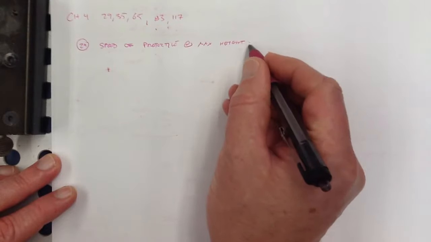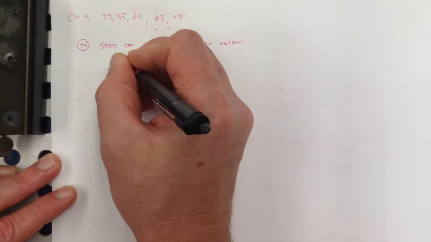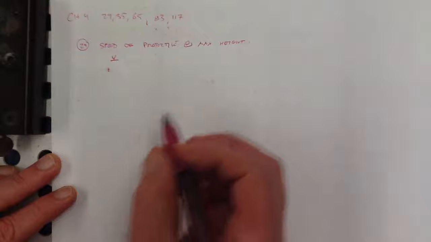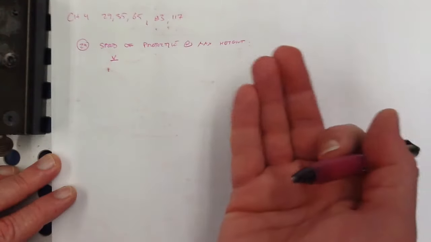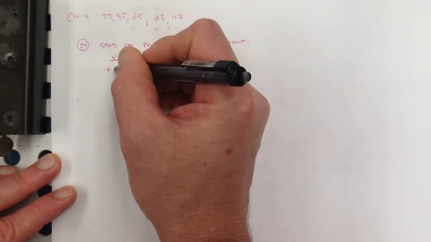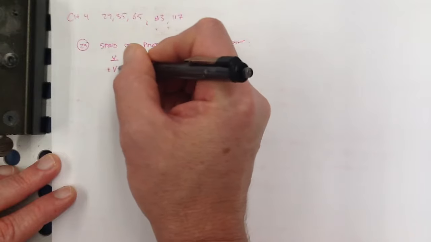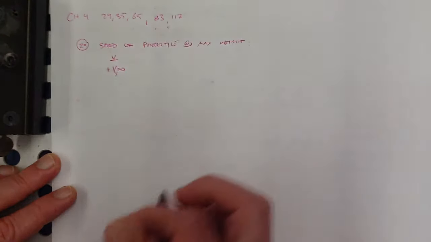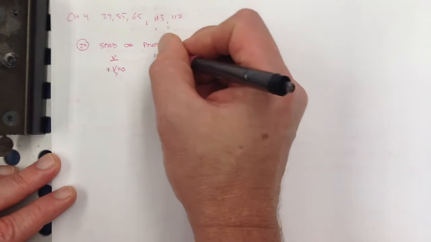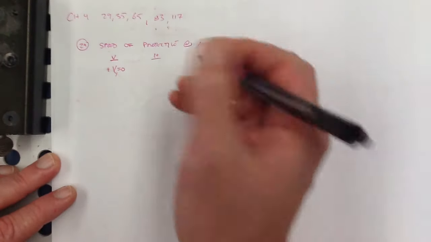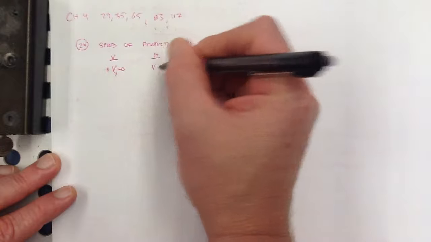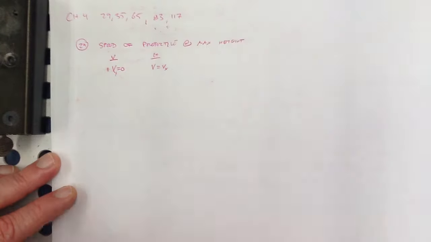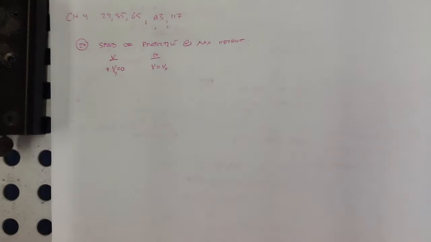Well, let's see. At max height, in the vertical direction, the maximum height is the maximum height because the vertical velocity is 0, right? The Vy, if you want to call it that. And in the horizontal direction, the velocity is constant, so it's just the same constant horizontal velocity that it always is.